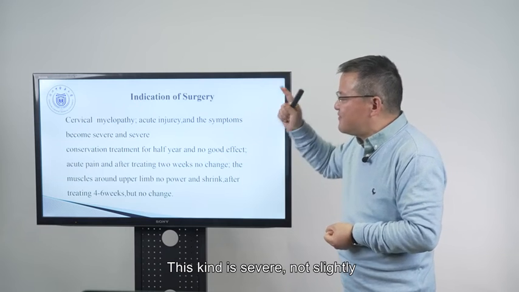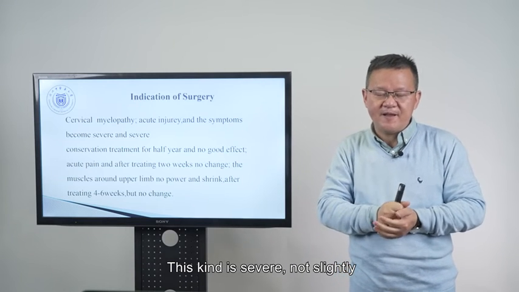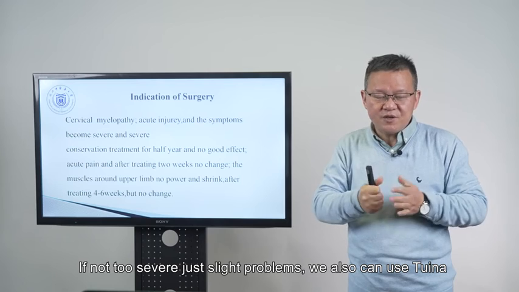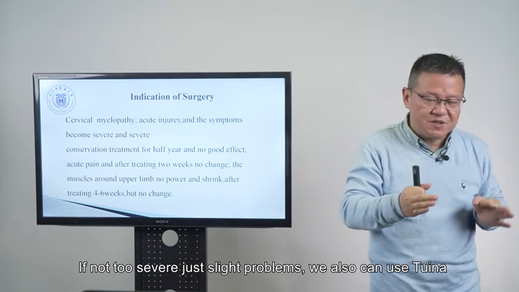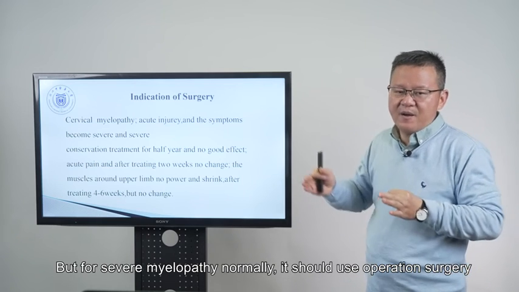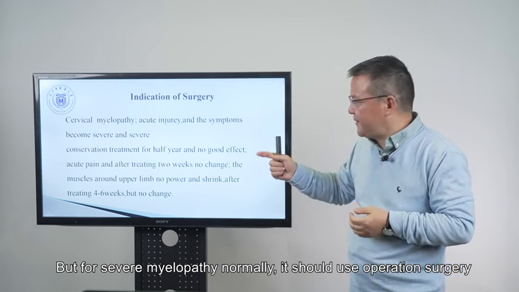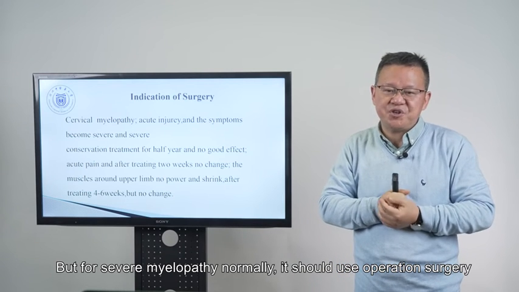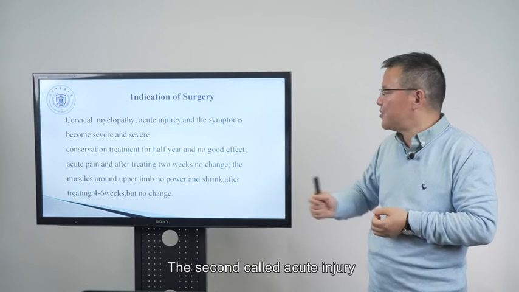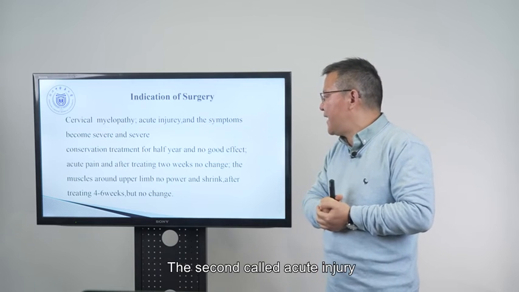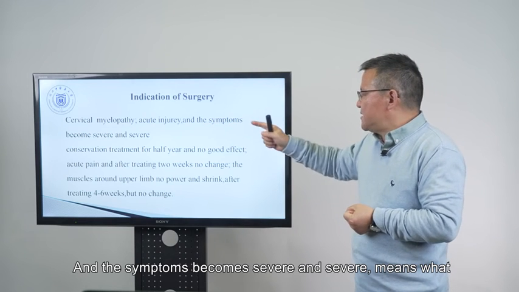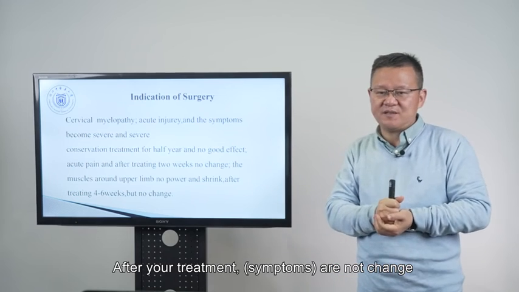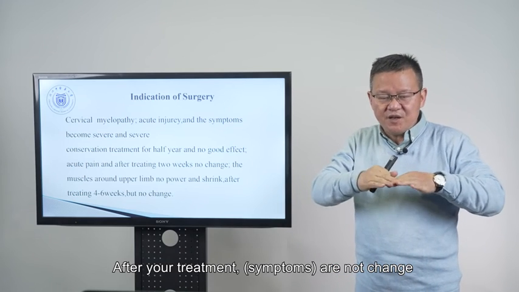This kind is severe, not slight. If the problem is slight, we can also use Tuina. But for severe cervical myelopathy, normally you should use operation or surgery. Second is acute injury, where the symptoms become more and more severe. Meaning after your treatment, there is no change.